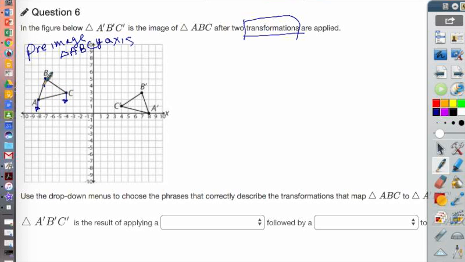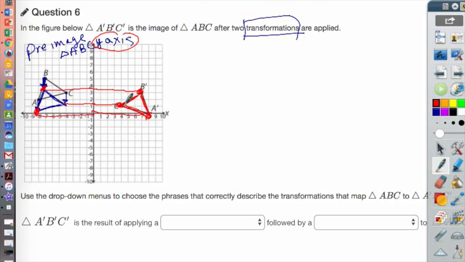If I move it all down 2 units, I'd have this triangle here. And now if I reflect it this way over the y-axis, my reflected image would be here, this point would be here, and this point on the axis would be over here, and it looks perfect.